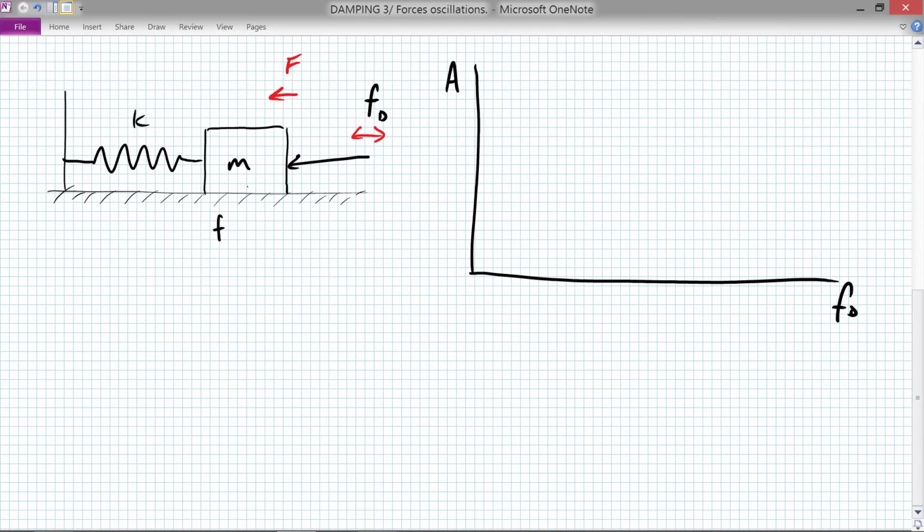So we have this interesting thing in physics where this spring system, because it's got some spring constant, if I just give that a little tap, it's going to oscillate naturally at some frequency. So we call that the natural frequency, and that's usually denoted by f0.